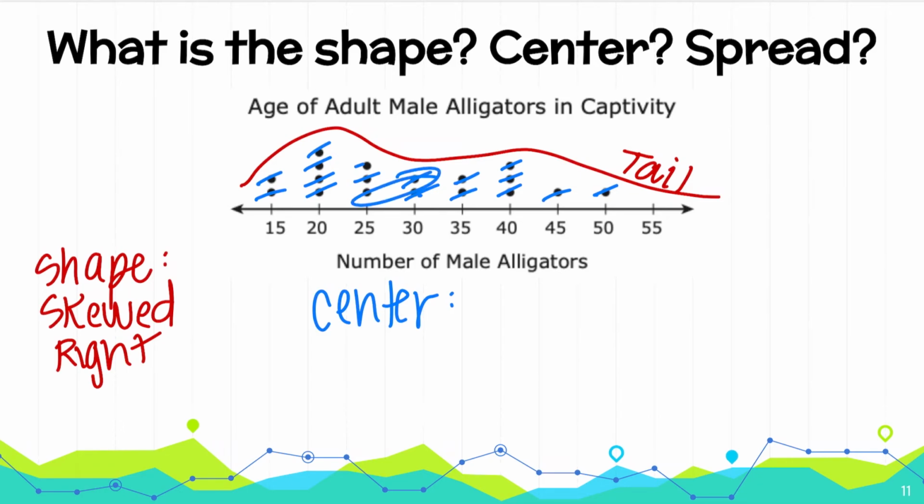Oops, bottom up. So I need to find the middle point between 25 and 30, which I get is 27.5.